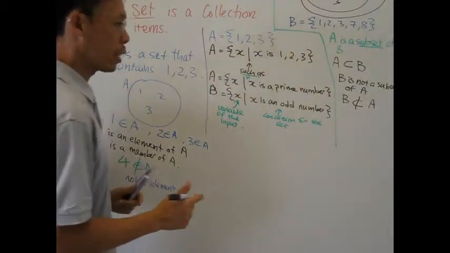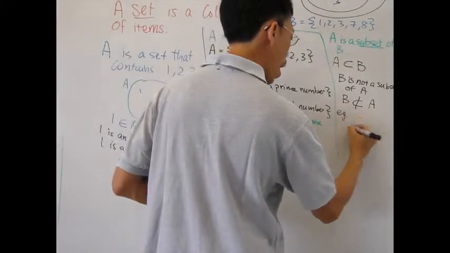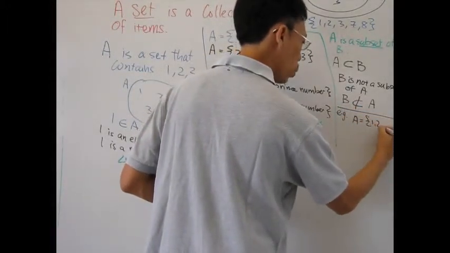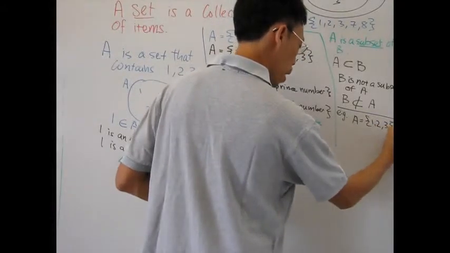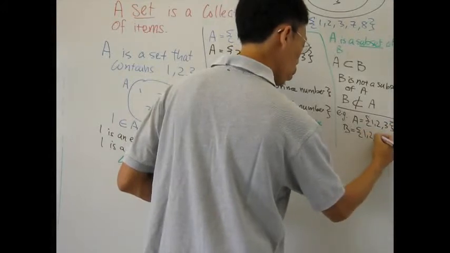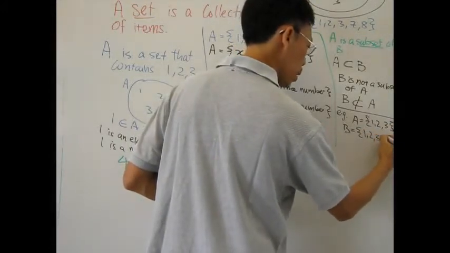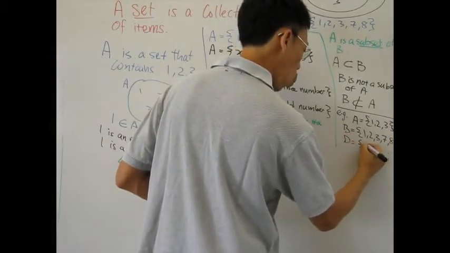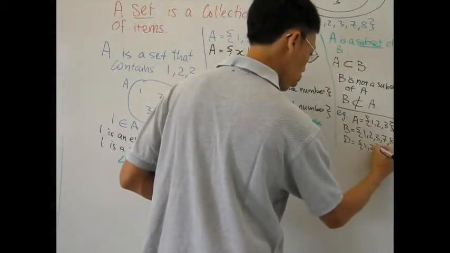So, for example, A is 1, 2, 3, and B is 1, 2, 3, 7, 8, and then I have D, which is 1 and 2.